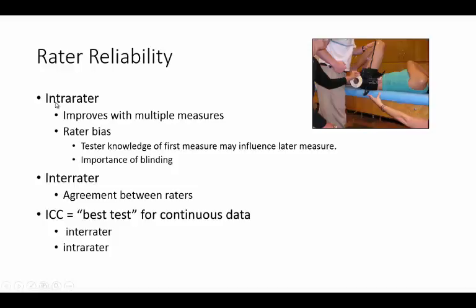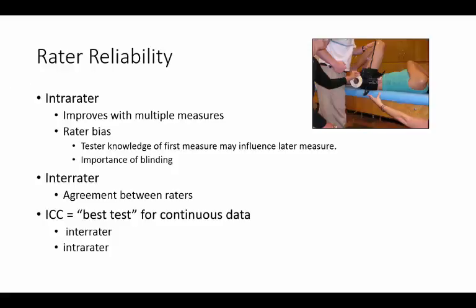If the person is consistent, that means the intra-rater reliability is good for that measure. If every time the person is giving a different measure or different value, then it is poor reliability.